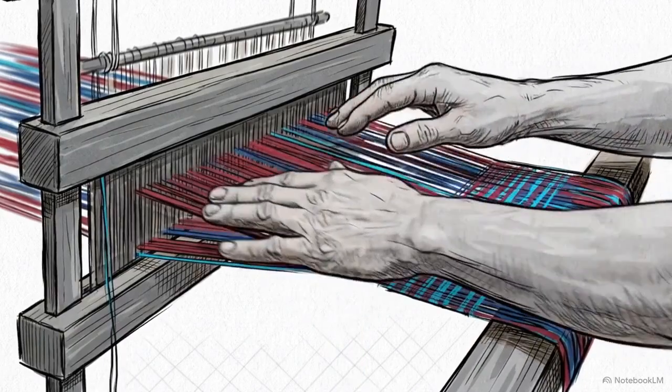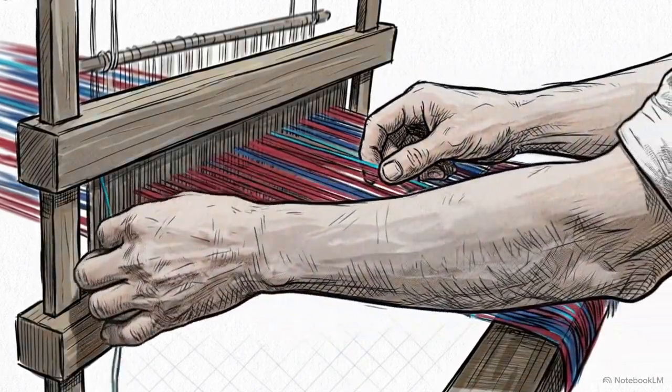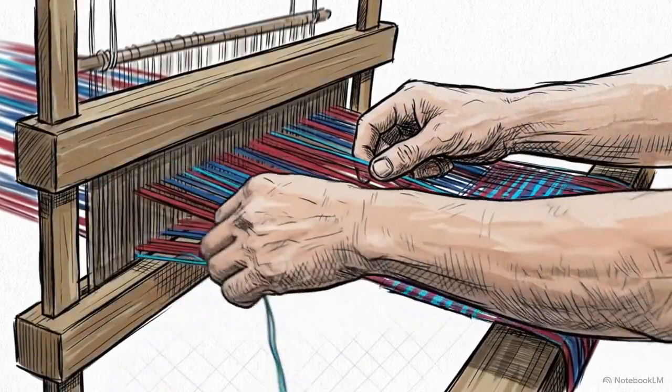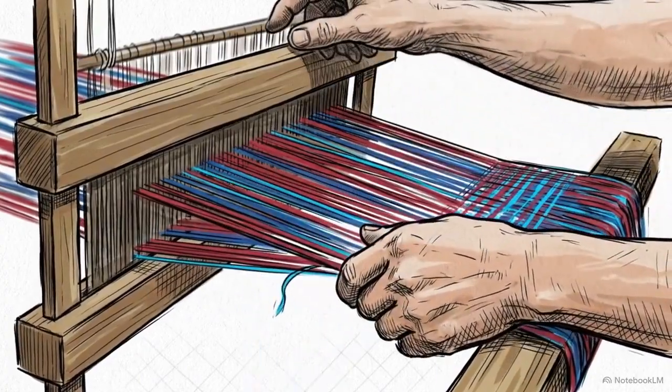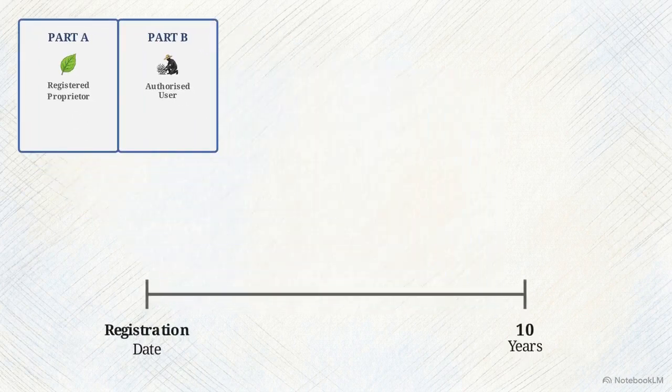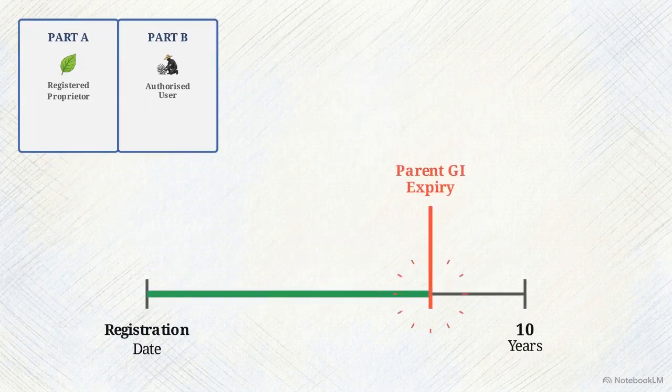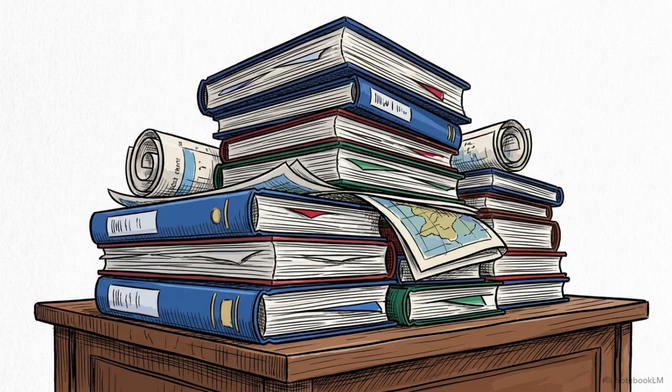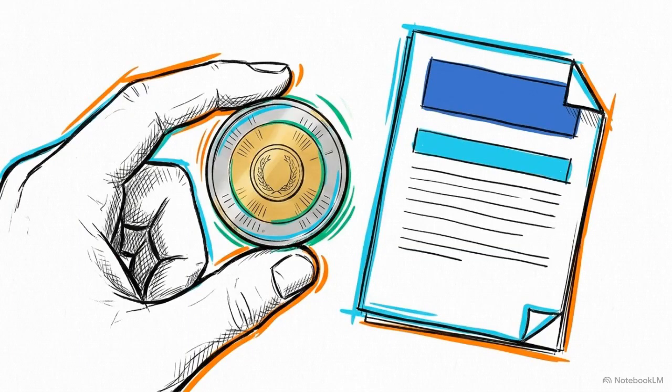This amount ensures that individual artisans and farmers can register to use the GI without significant financial barriers. Authorized users are recorded in Part B of the register. Their registration remains valid for 10 years, or until the parent GI registration expires, whichever occurs first. The GI Act balances a high evidentiary burden for the parent registration, with a nearly cost-free entry for the individual producers who actually utilize the indication.